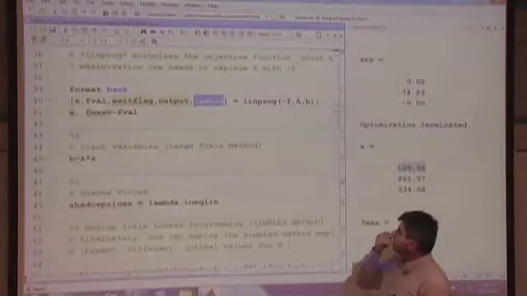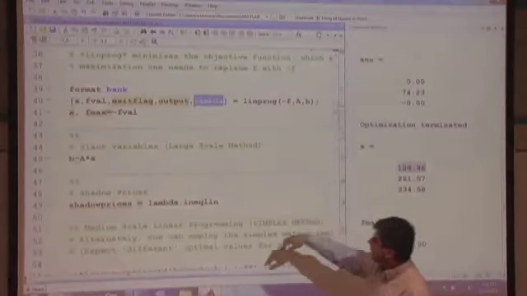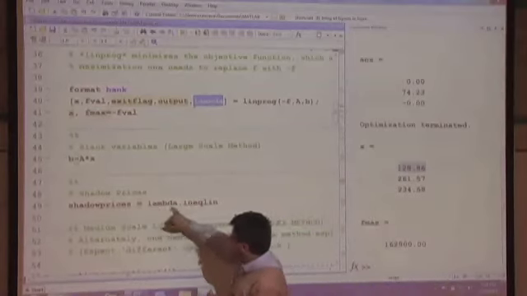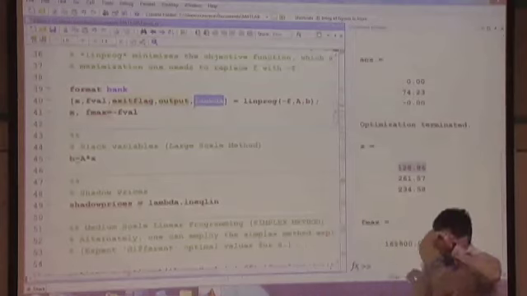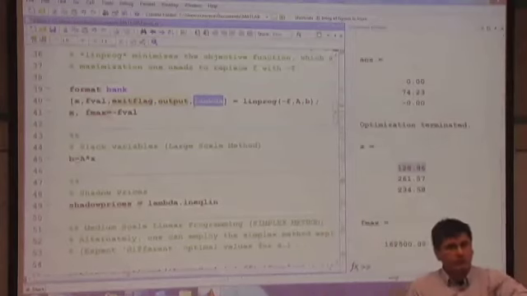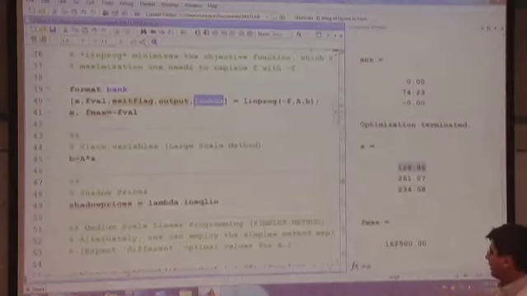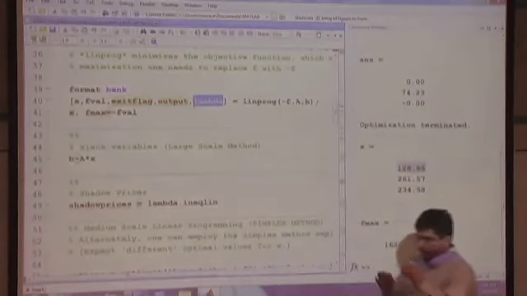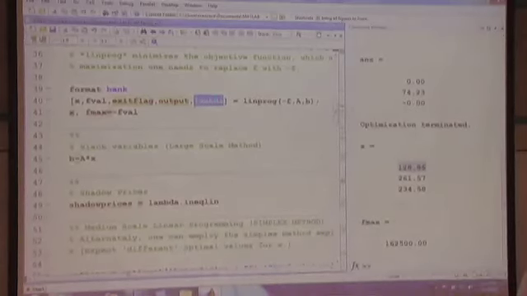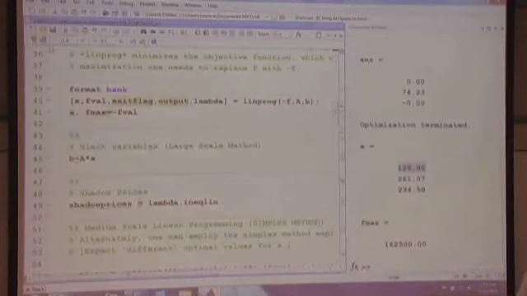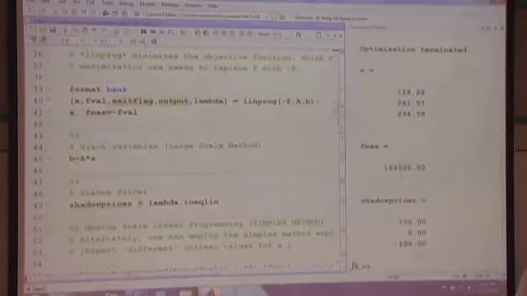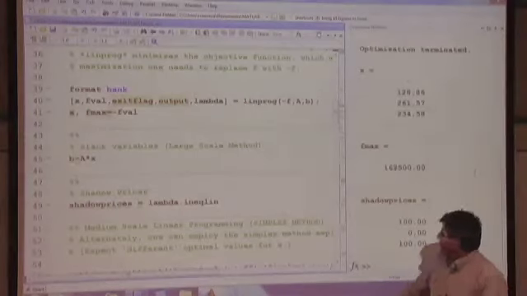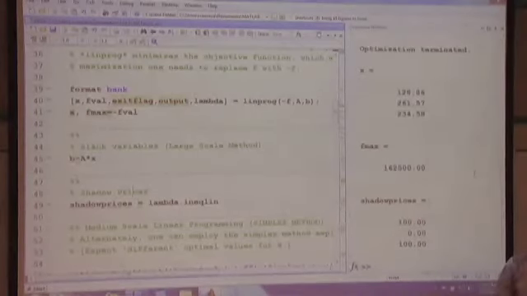Lambda is a complicated thing because it can also include the equality constraints and other things. So this is just saying, show me the values of the lambdas for the inequality constraints, which in this case are all of them. And these are those numbers.